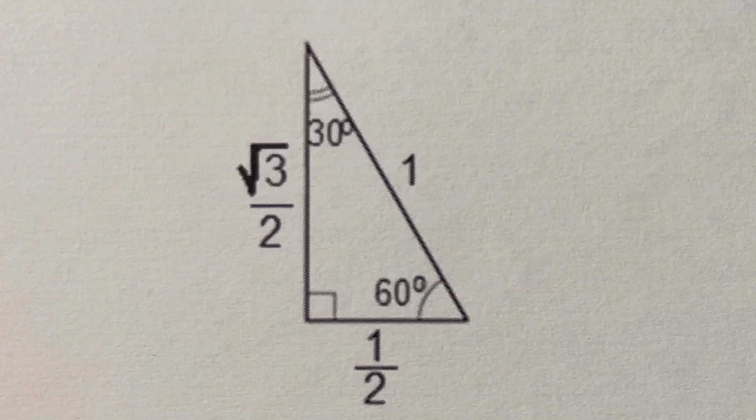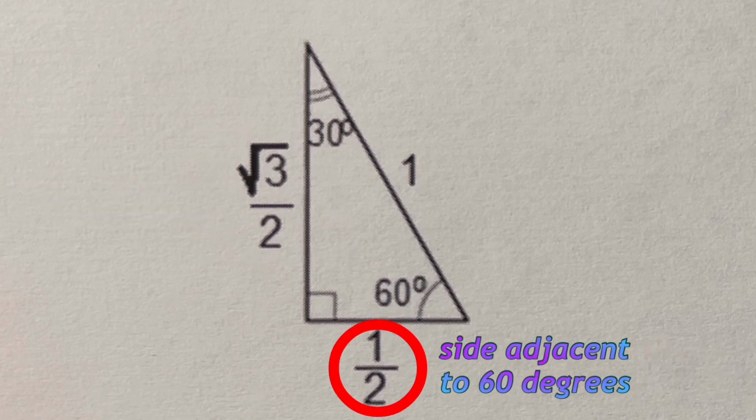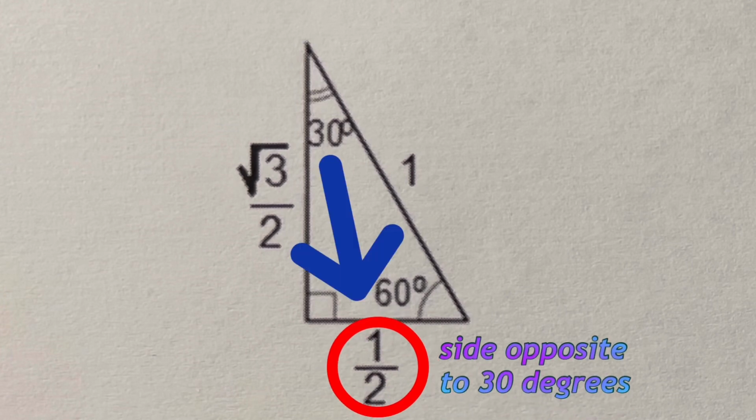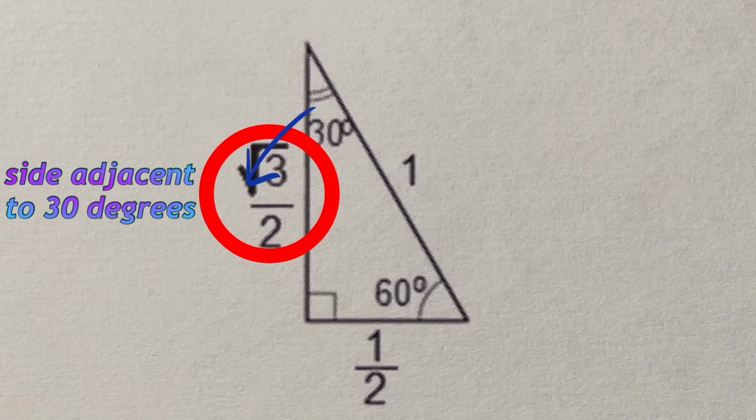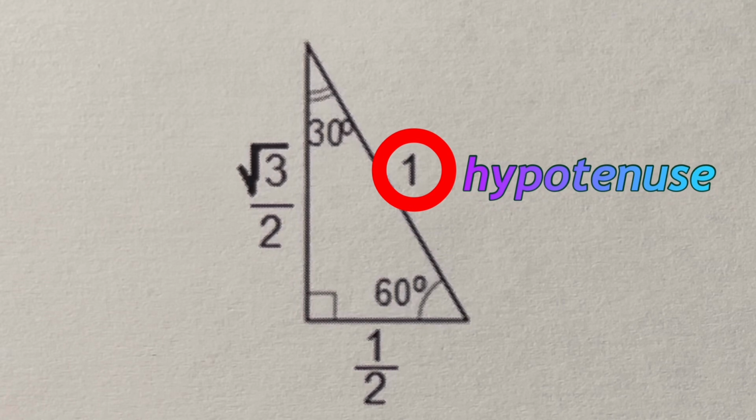We remember that the side opposite to the 60 degrees is square root of 3 over 2, and the side adjacent to 60 degrees is 1/2. And the side opposite to 30 degrees is 1/2, and the side adjacent to 30 degrees is square root of 3 over 2. The hypotenuse for the 30, 60, 90 degree triangle is 1.